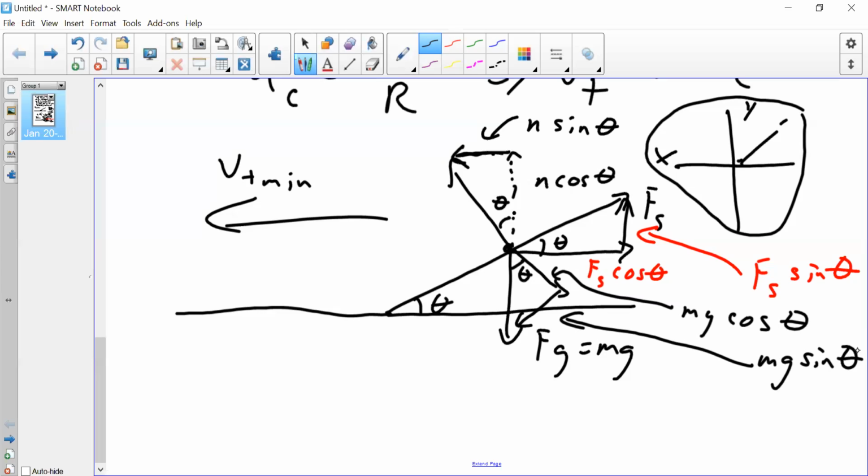All right, so let's get all the forces that act in the x direction and the y direction. Again, our perspective is this guy right here in the bubble.